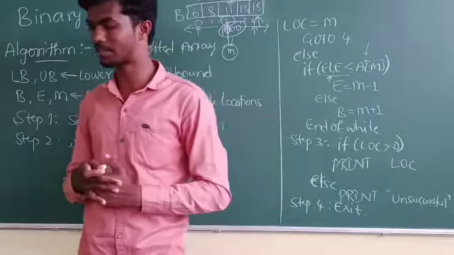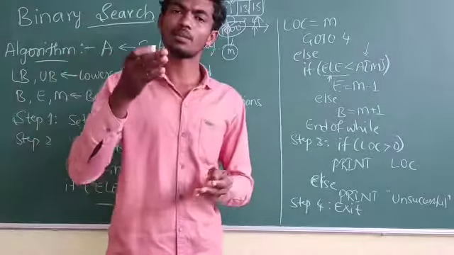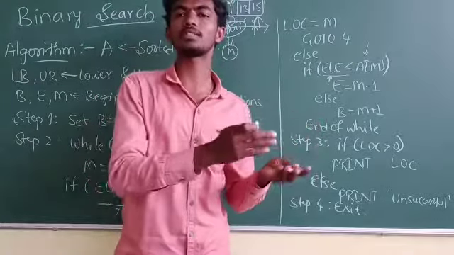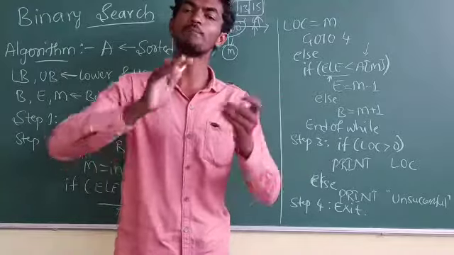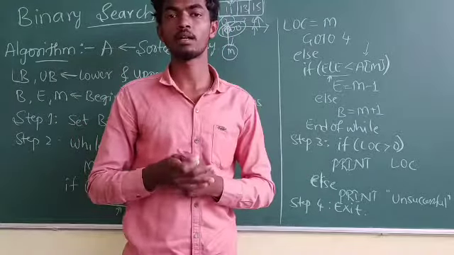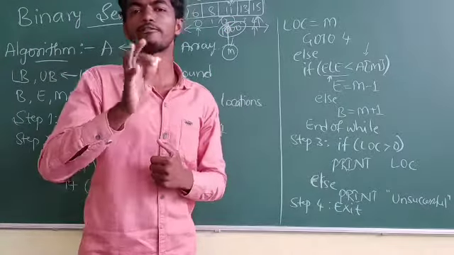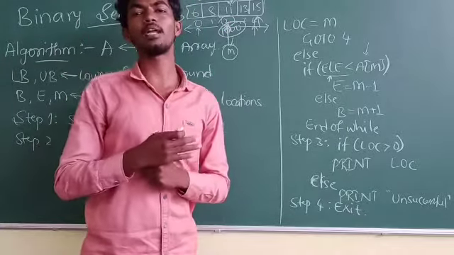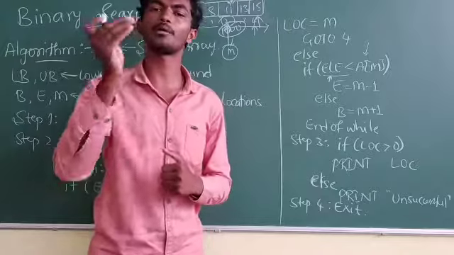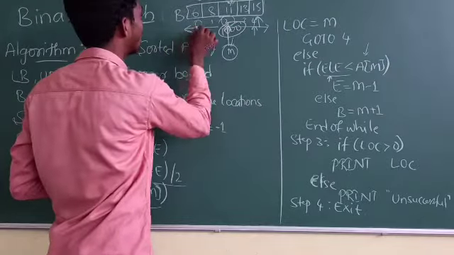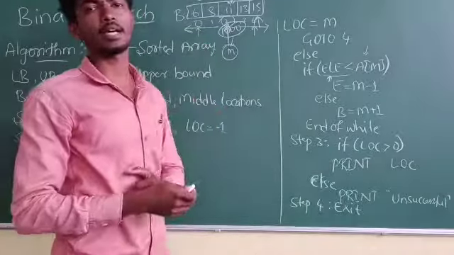It will check whether the searching element is less than the middle element or greater than the middle element. As we know, this is ascending order. If we need lesser valued elements compared to the middle element, we have to come to this side, the left side of the array.